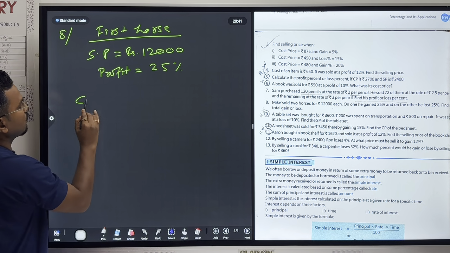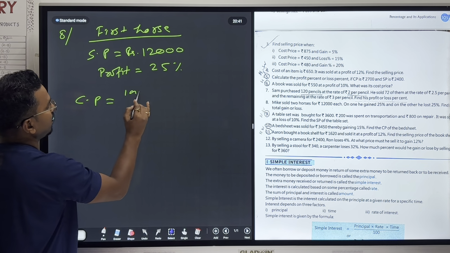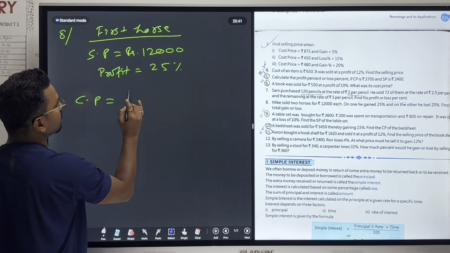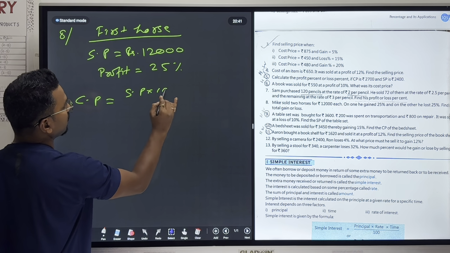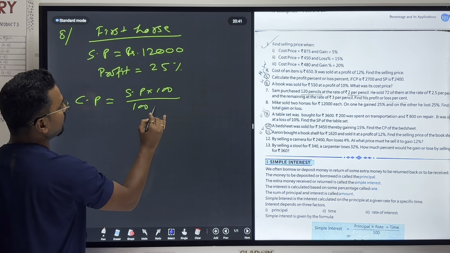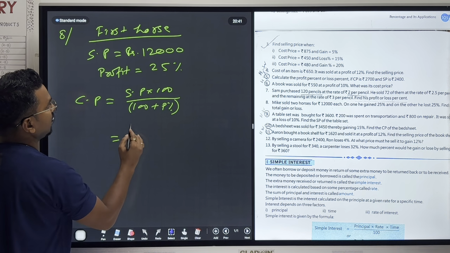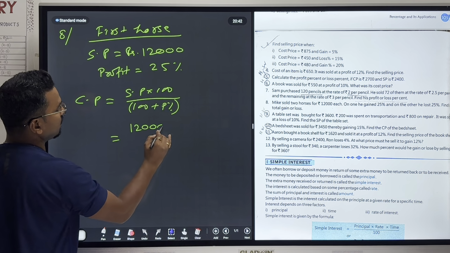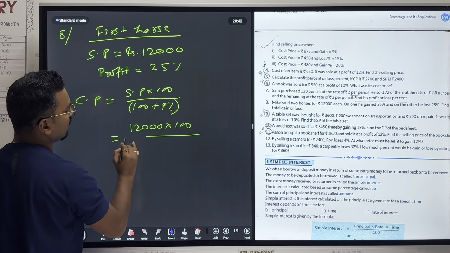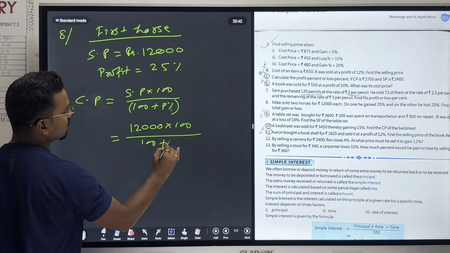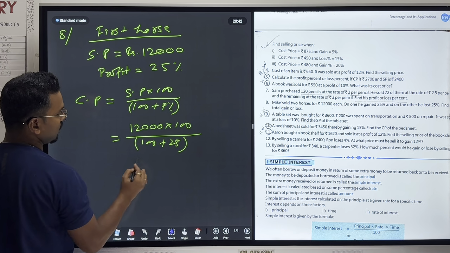So what is the formula for cost price? Cost price is SP into 100 divided by 100 plus profit percent. Is it? So selling price is given 12,000 multiplied by 100, 100 plus 25. So what you will get?